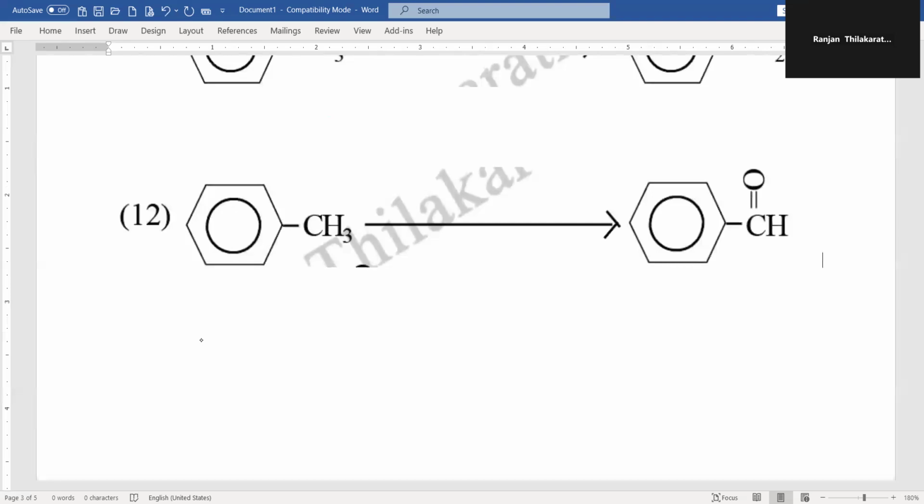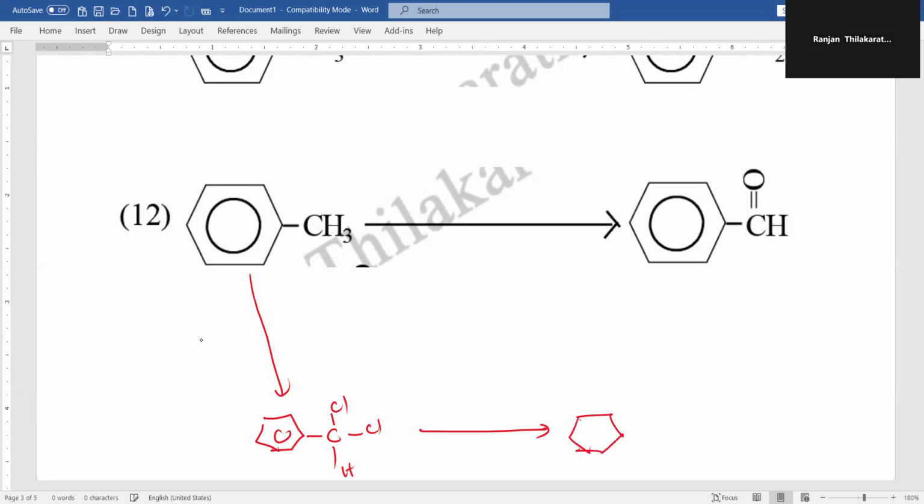First, you turn this into the above product like this, with Cl and H. That means only 2 hydrogen atoms have to be replaced by chlorine. Then you can turn this into this product.